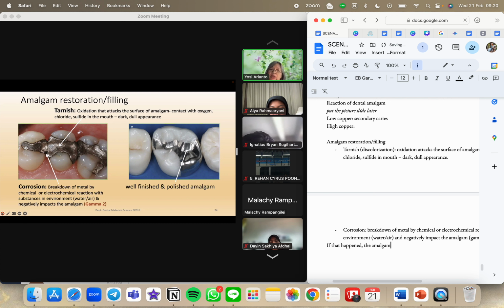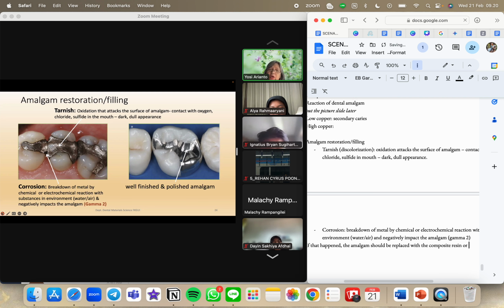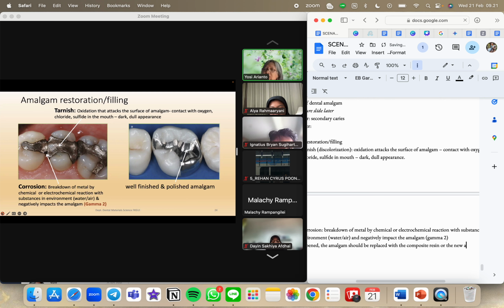You can use amalgam again, or replace it with composite resin. If you have a very bad amalgam restoration, we can replace it with composite resin, or with an inlay.